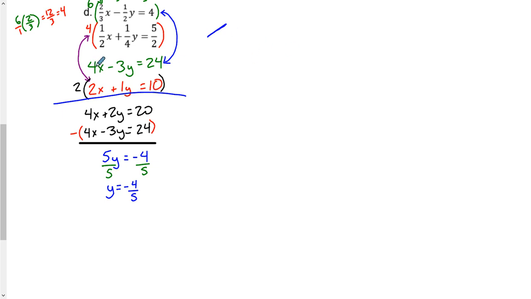Yeah, I'll choose this one. 4x subtract 3y equals 24. My y value is negative 4/5. And we can go from there. 4x plus 12/5, because 3 is the same as 3 over 1.